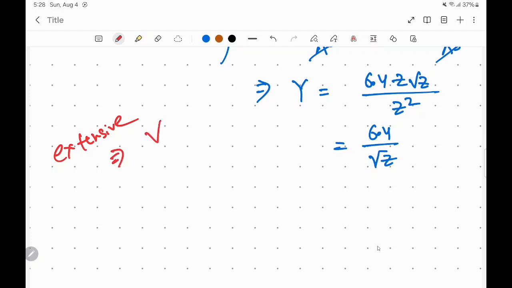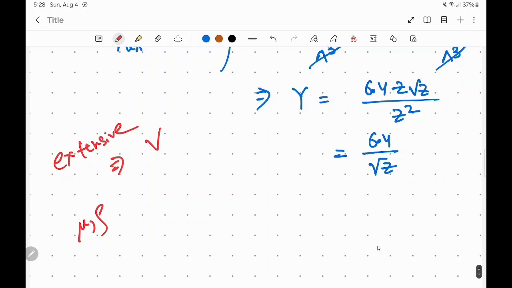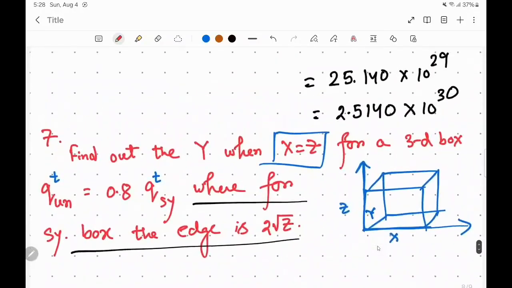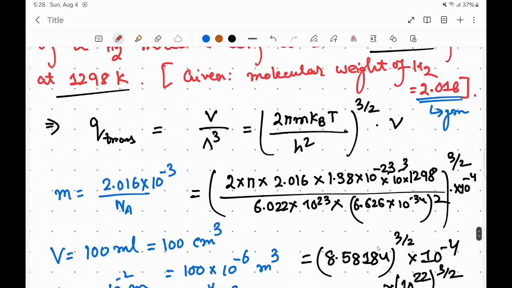Density is intensive, independent of mass. Mass, volume, energy, internal energy, enthalpy, these are all extensive properties. So here all partition functions are intensive properties, except this translational partition function, because the volume is here. This mass is not a property of the system.